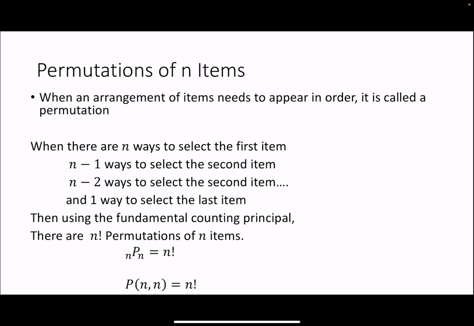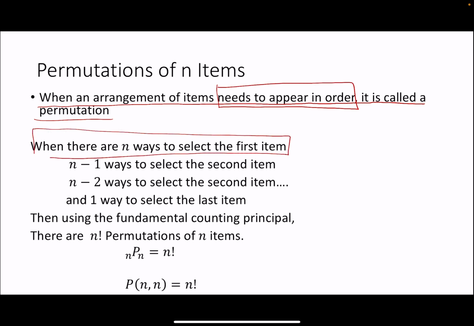All right, let's talk about permutations. And this has to do with that earlier marble question. So when an arrangement of items needs to appear in order, it is called a permutation. There are n ways to select the first item, n minus 1 ways to select the second, n minus 2 ways to select the third item, and basically eventually 1 way to choose the last item.